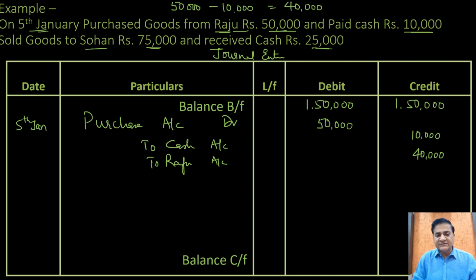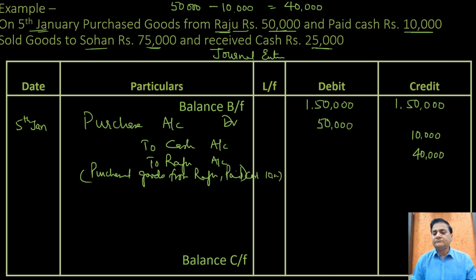So this transaction stands for the purchase of goods. So we would say purchased goods from Raju, paid cash to him 10,000. Clear? This completes our journal entry, which is the compound journal entry, right?